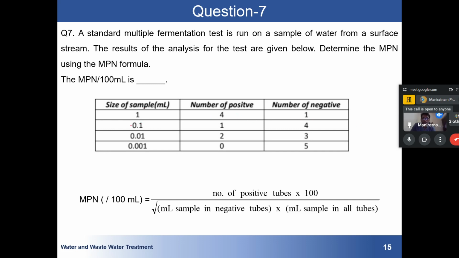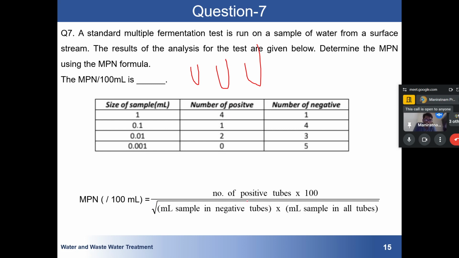When the size of sample was 0.1, one was positive and four were negative. You can calculate the sample size when you are diluting your sample. When it is 1 to 1, we are taking 1 ml of sample. When it was a 1 to 10 ratio, the volume of the sample is 0.1. When it is a 1 to 100 dilution ratio, the size of sample is 0.01.